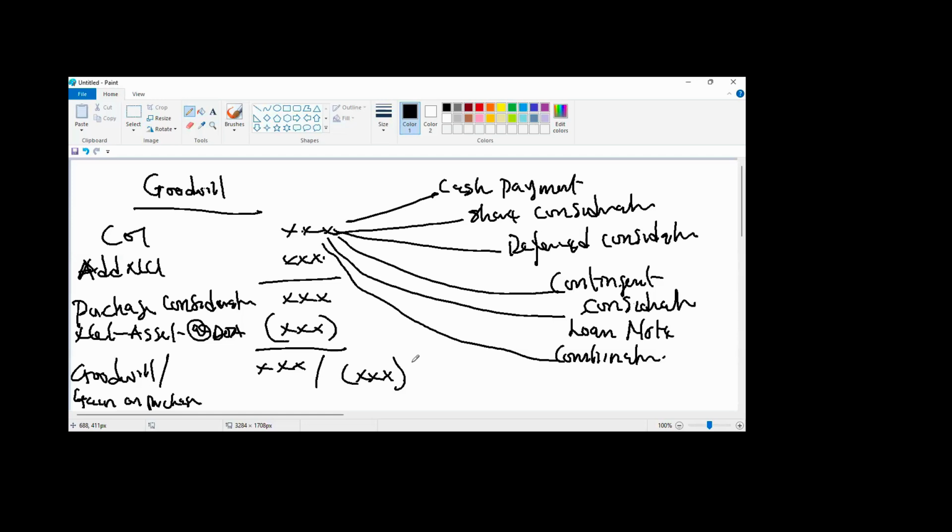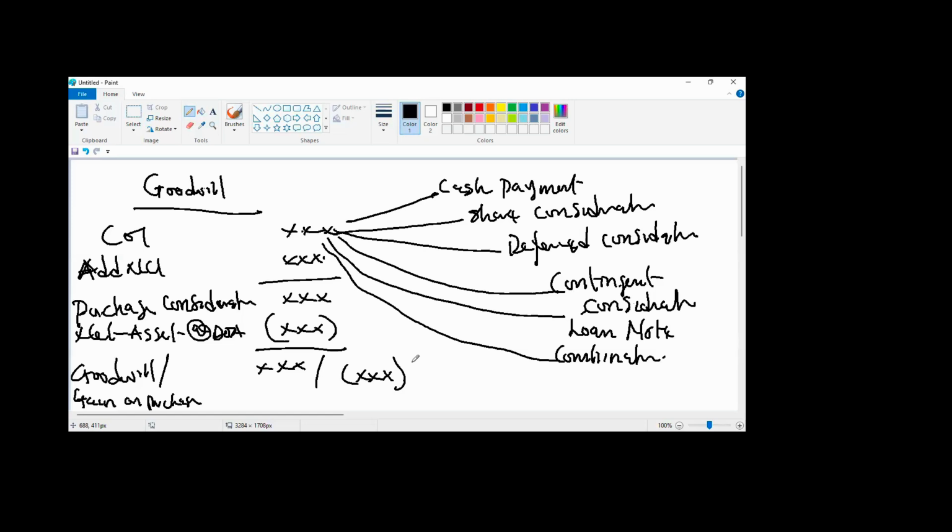Sarah will use fair value method or share proportionate method. What are the indicators? That means when NCI can be valued using fair value method or share proportionate method.